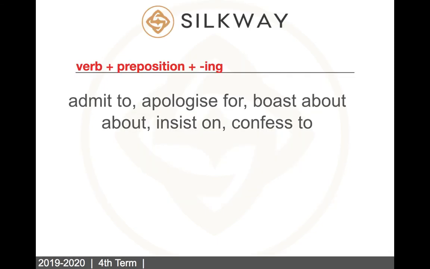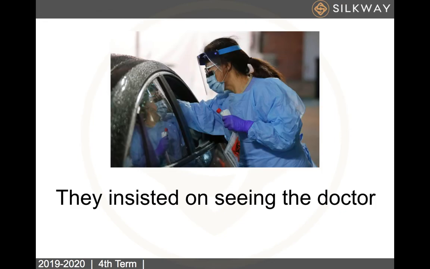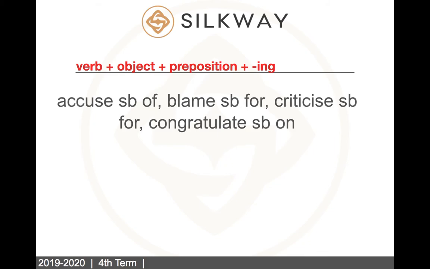And here we have another set which is used with a preposition plus ing. The verbs like admit to, apologize for, boast about, insist on, confess to. So, for example, they insisted on seeing the doctor. Accuse somebody of, blame somebody for: as you can see, verb plus object plus preposition is used with ing also.